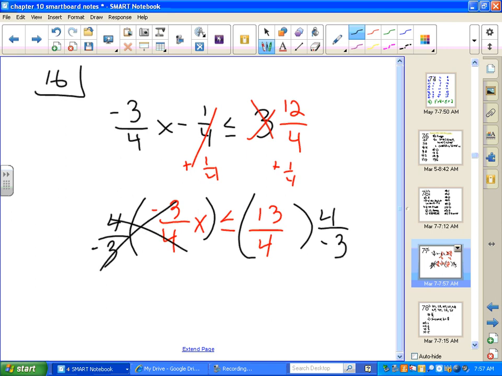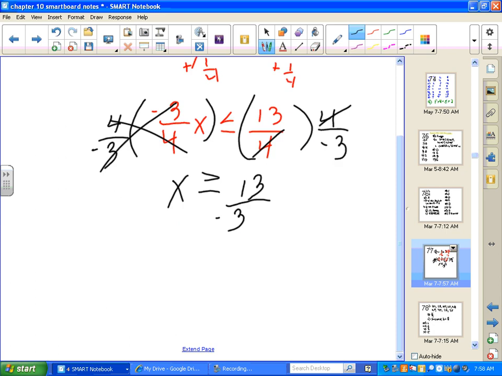These cancel. Okay, you multiplied by a negative, so this should flip. Well, that still shouldn't matter because the answer doesn't have that in there. So that shouldn't matter. These 4's cancel. So you have 13 over negative 3. Okay. Did you have 13 over negative 3? And then all you're doing is converting that to a mixed number, which is negative 4 2/3.